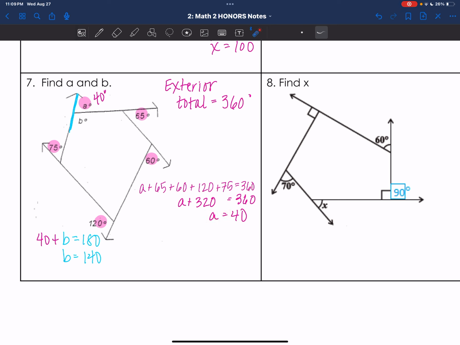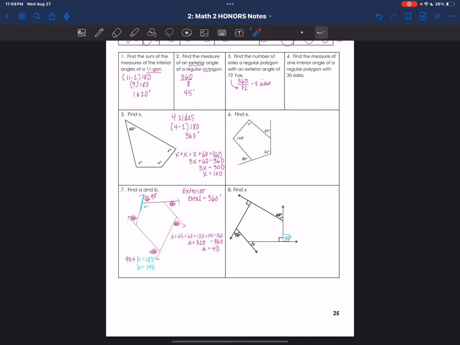And now that we know this is 40, and I know it might not look like a straight line, this is supposed to be a straight line here. Now we know it's 40, now we can take this plus this and equal it to 180. So B equals 140. All right, so what I want you to do is go ahead and try that one.